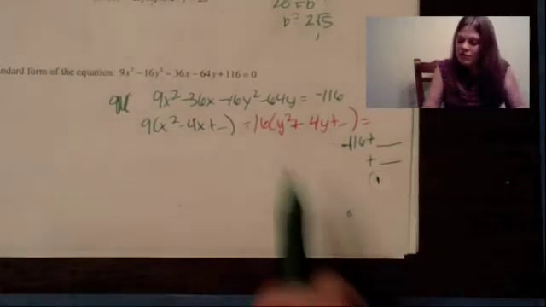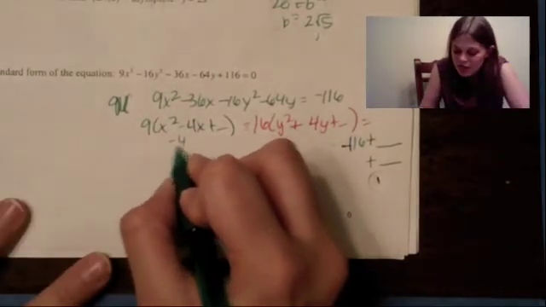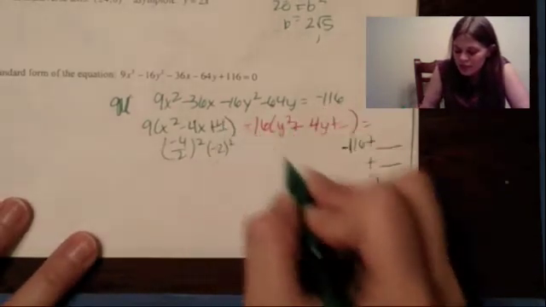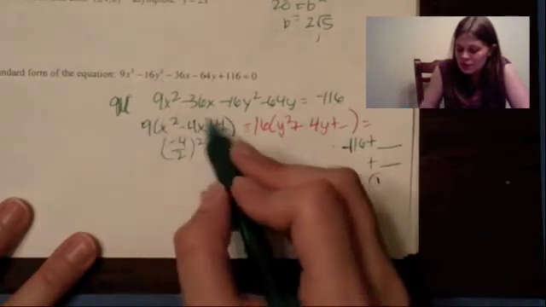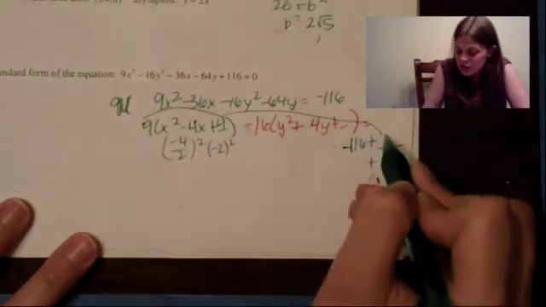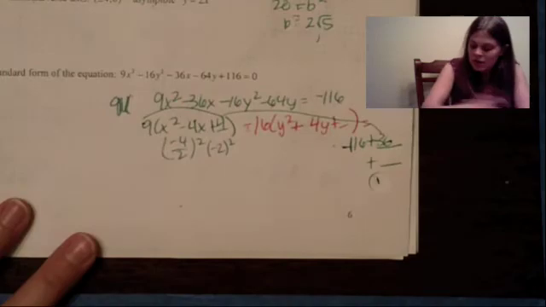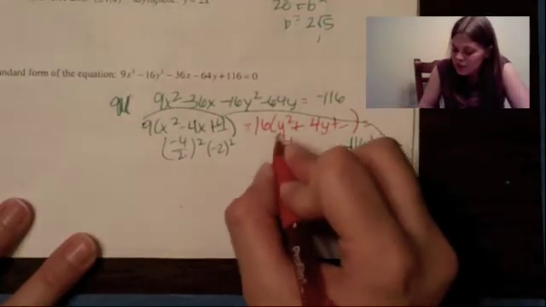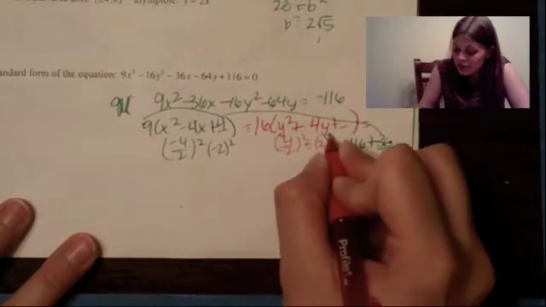So when I find my b divided by 2 term, I do negative 4 divided by 2 squared. So negative 2 squared is a 4. So I do 9 times 4 gives you 36. Then 4 divided by 2 squared is 2 squared, which is 4.